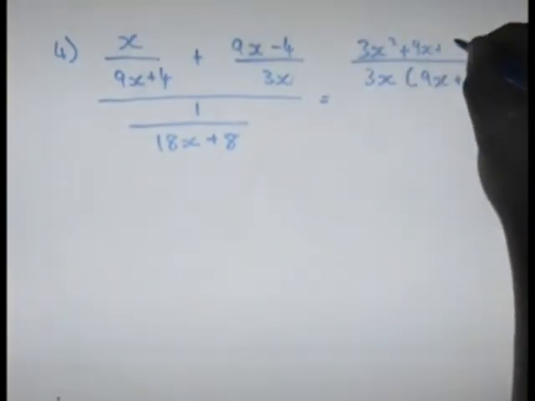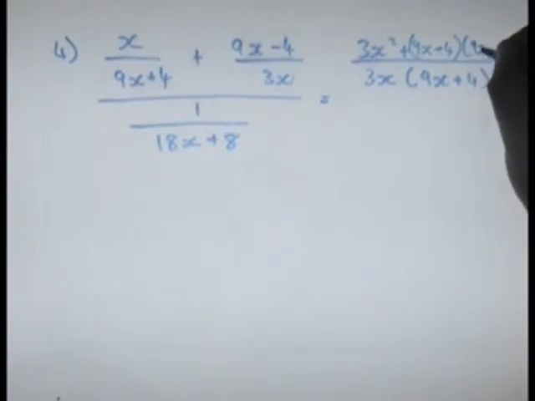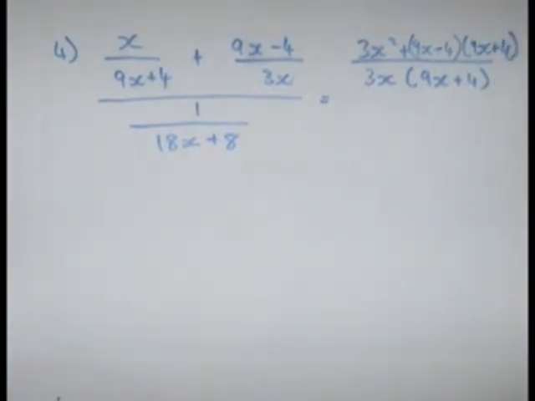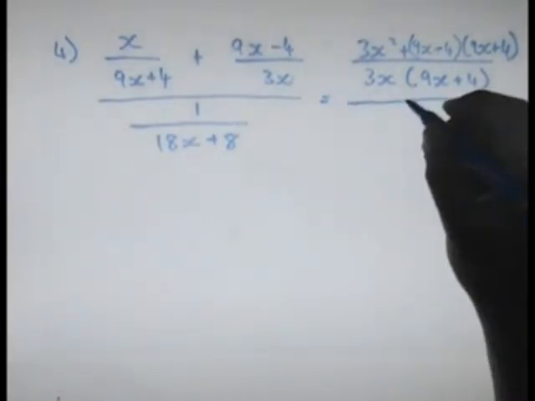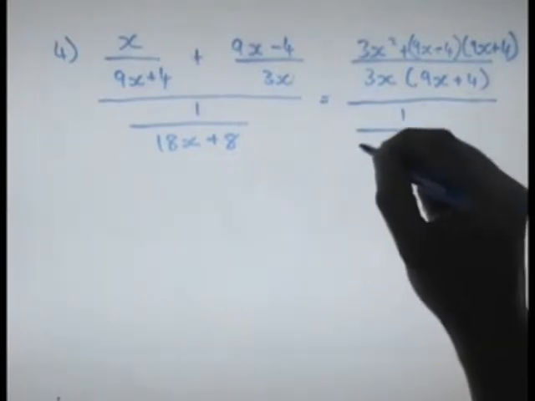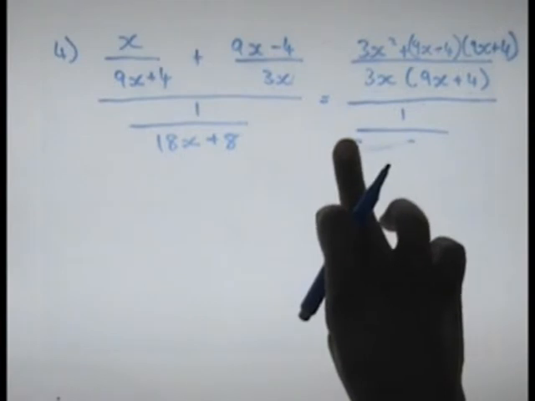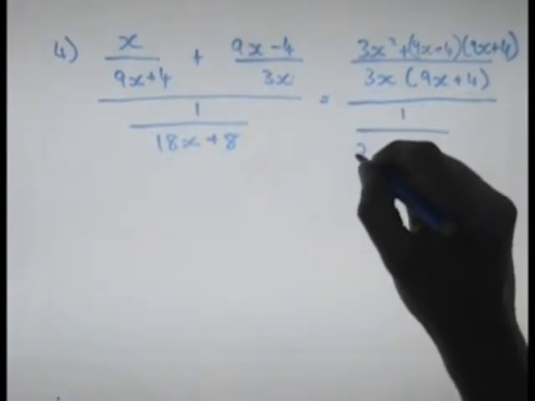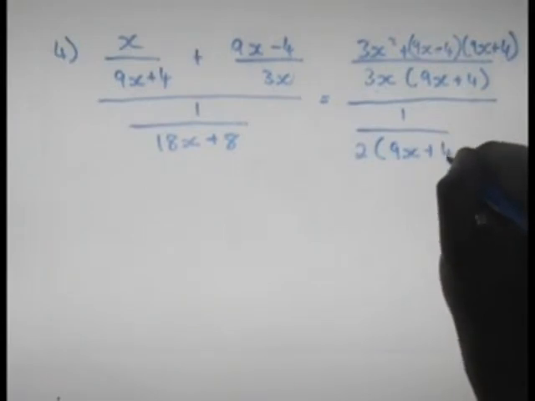So that will be 9x plus 4 multiplied by 9x minus 4 multiplied by 9x plus 4. That's all divided by 1 over 18x plus 8. I'm going to simplify that, take out a common factor of 2 to give me 9x plus 4.